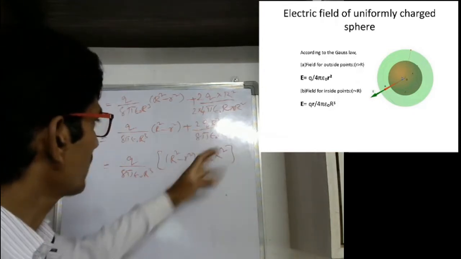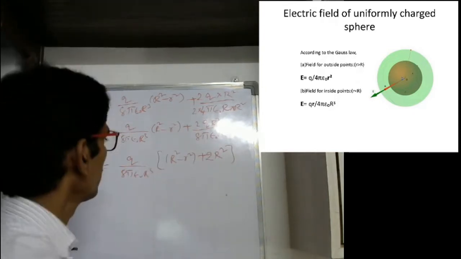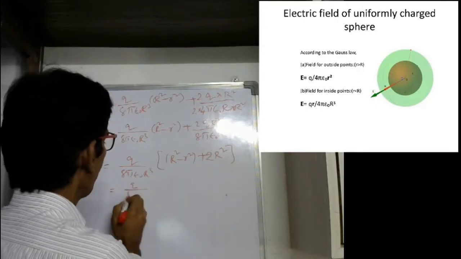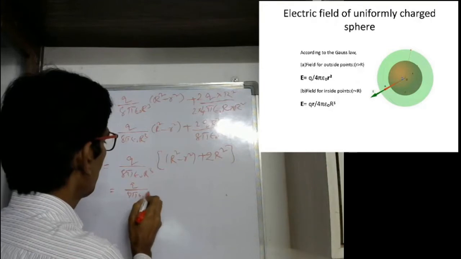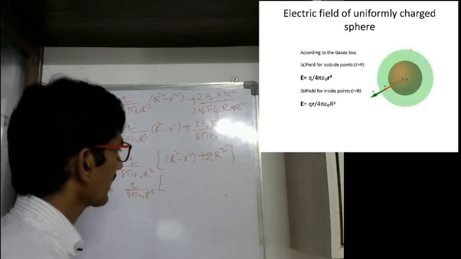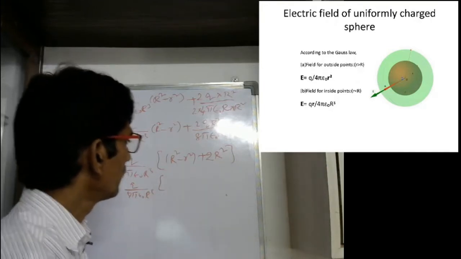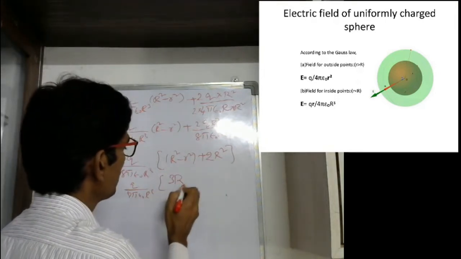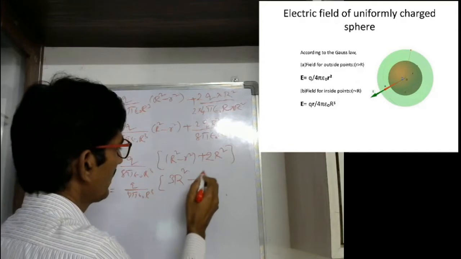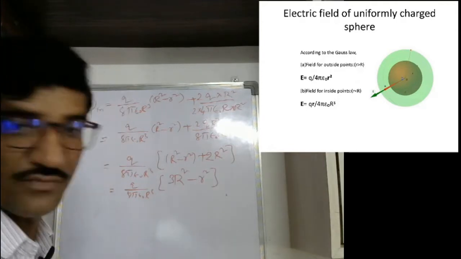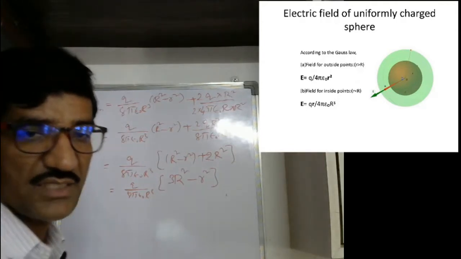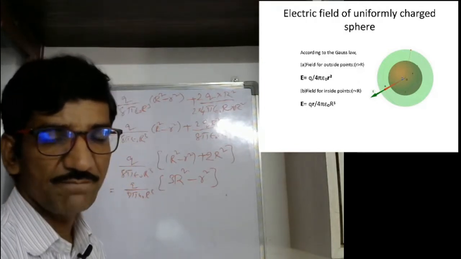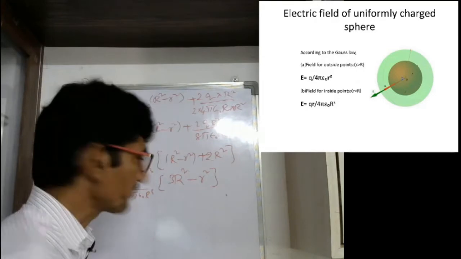Because q by 8 pi epsilon naught r cube is common. Right. Now inside the brackets you have 2R square plus R square. That means 3R square minus r square. Okay, this is a final expression for the potential inside the uniformly charged sphere.